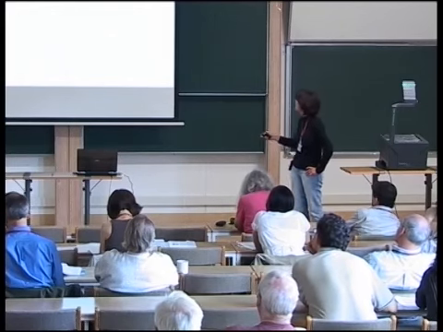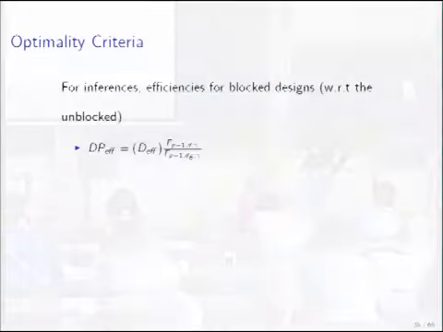For the unblocked design we have the same ideas, and so the efficiency of the blocked design with respect to the unblocked design has this part to take account of pure error from the blocked design. So again, if the blocking doesn't use any degrees of freedom from pure error, that will be 1.